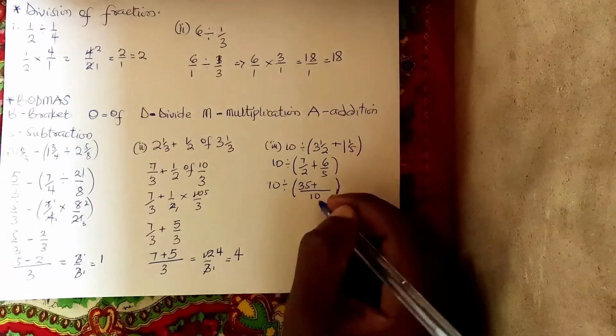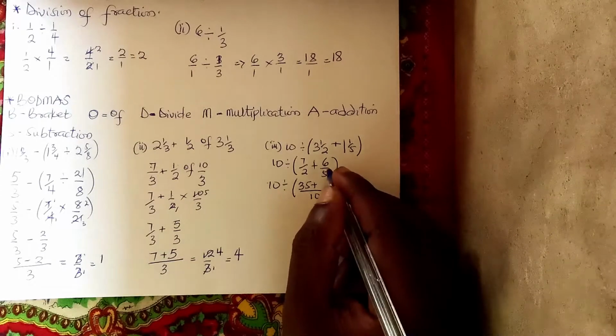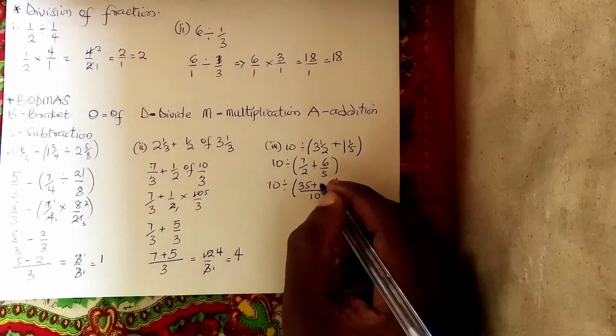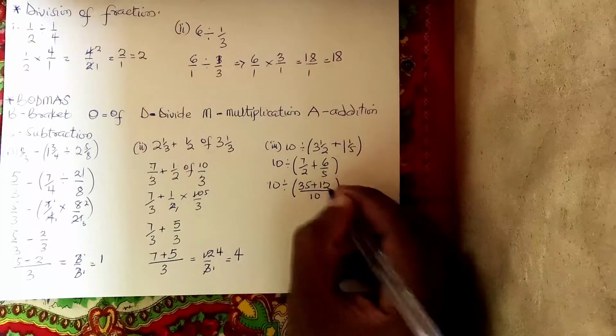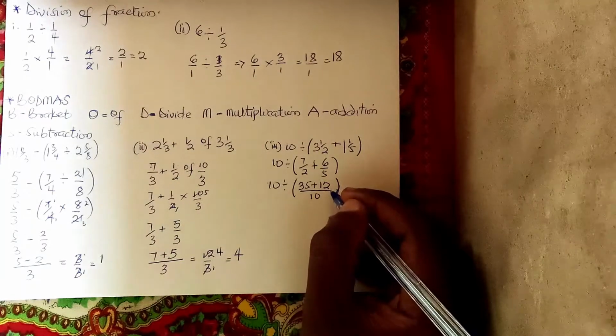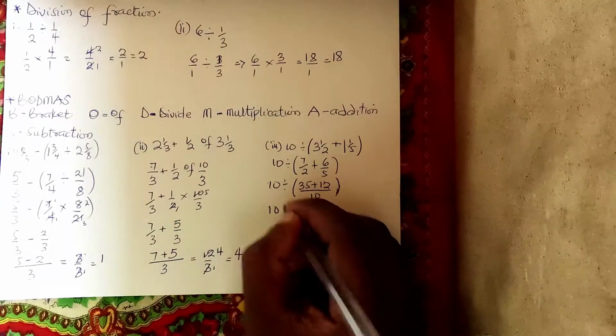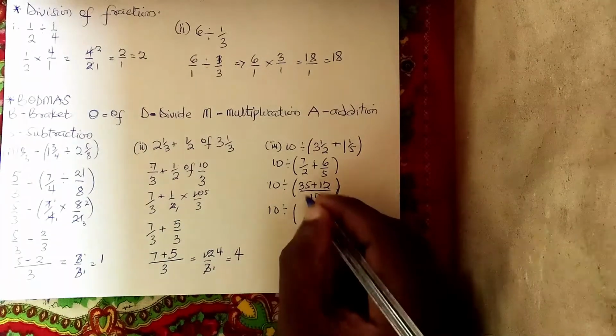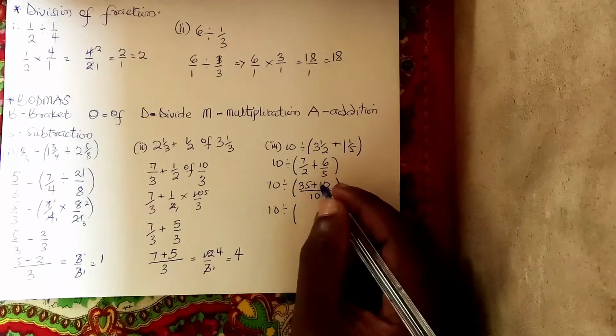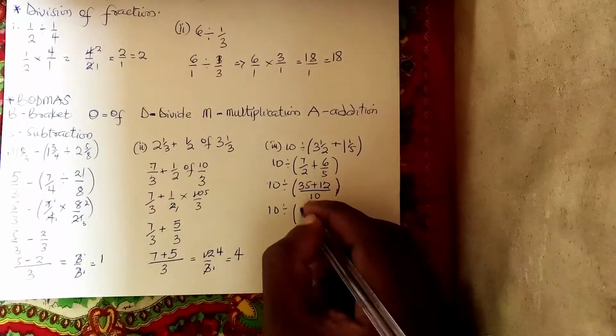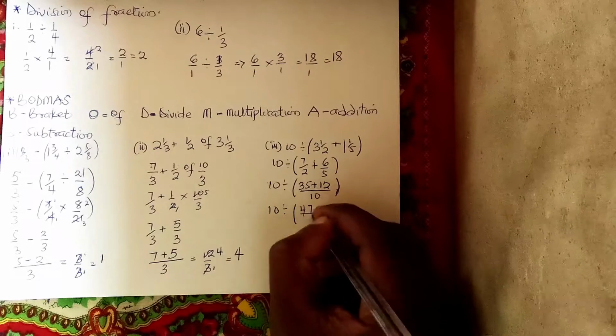Plus 5 divides 10 by 2. 2 times 6 is 12. 35 plus 12 gives us 47 over 10.